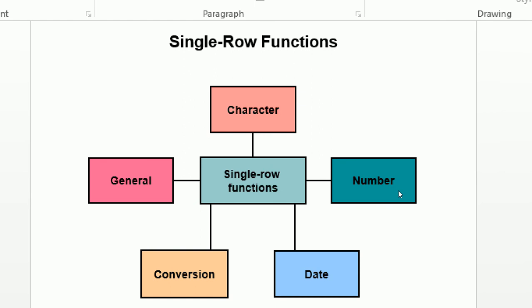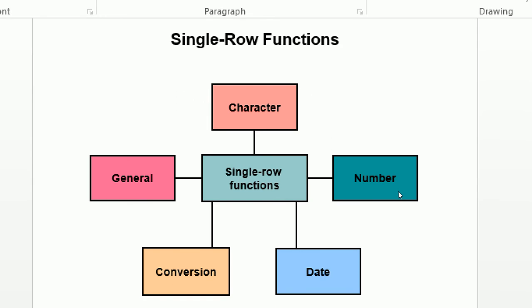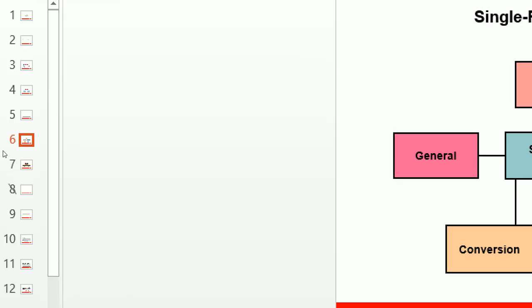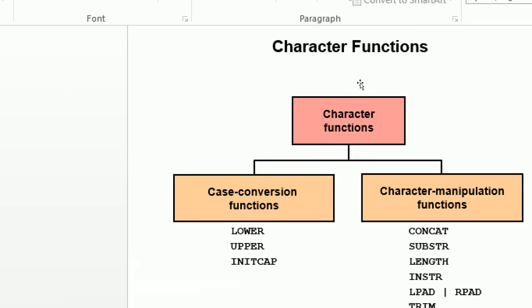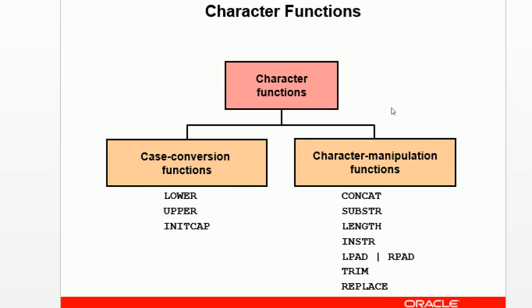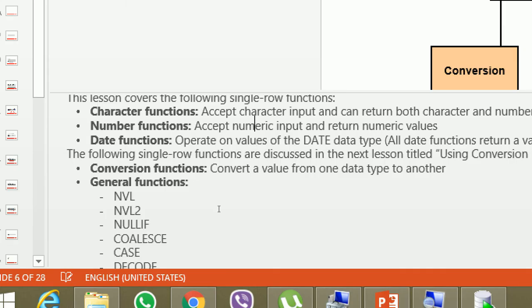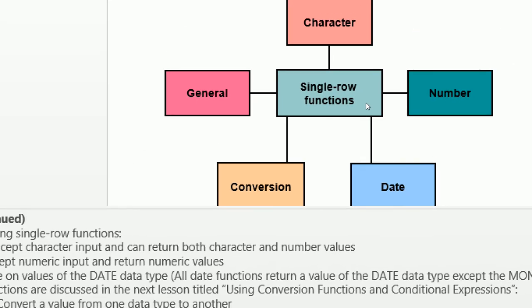These are the single row functions: the character functions, the general functions, the number functions, the conversion functions, and the date functions. Clear? As I told you, there are different functions: character, general, conversion, date and number.